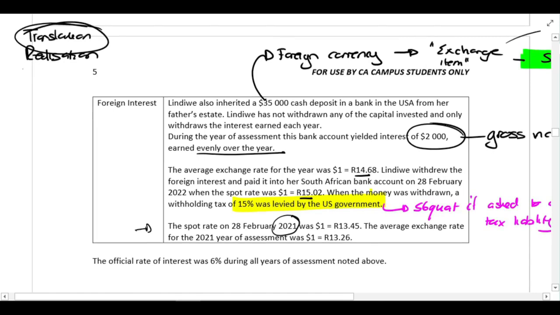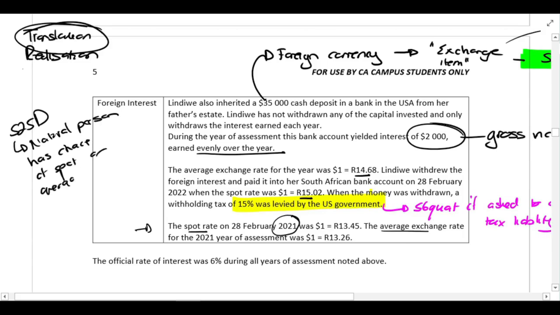Now the question is here, when she calculates this forex gain and loss, is she going to use the spot rate or is she going to use the average exchange rate? Section 25D tells us a natural person has a choice of spot or average. So, what would she use? She would use the one which is most beneficial to her.